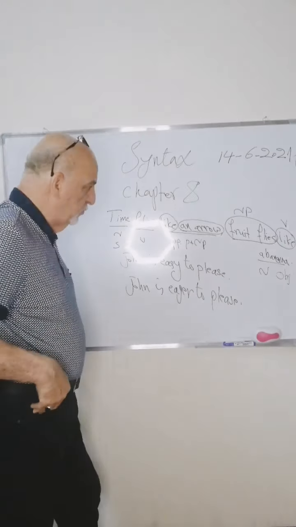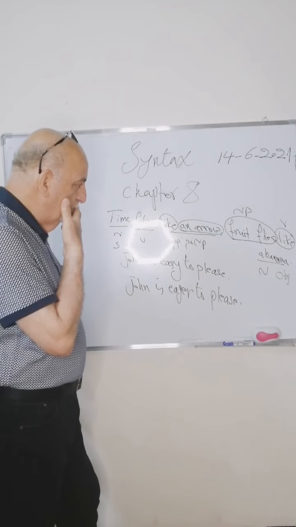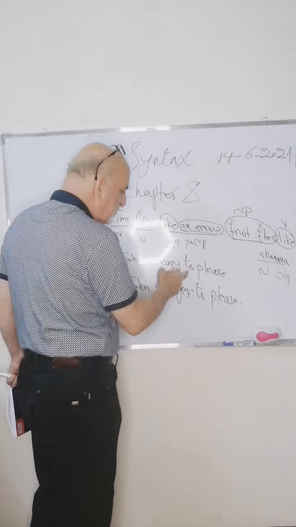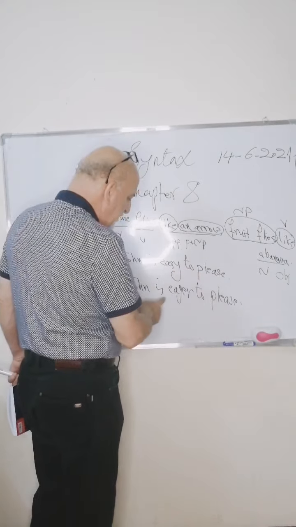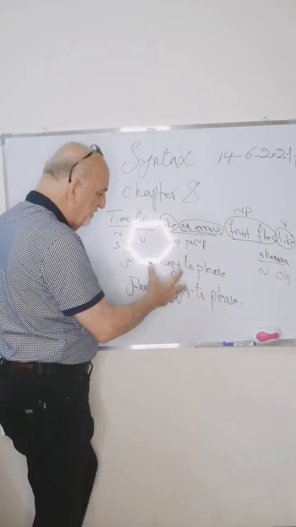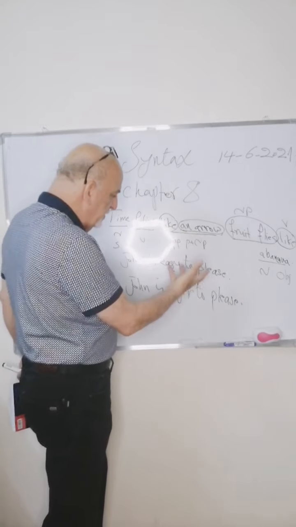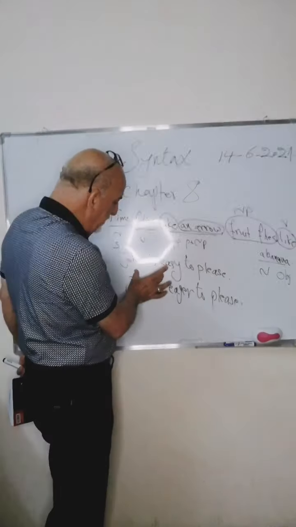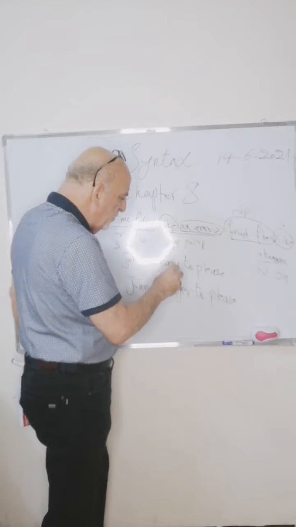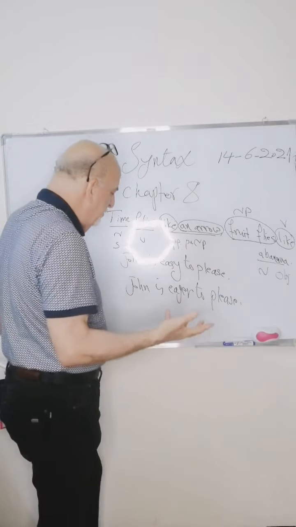This is the first time we deal with it. Look at this: John is easy to please. John is eager to please. There is more similarity between the structure of this sentence and this sentence. They are almost the same.